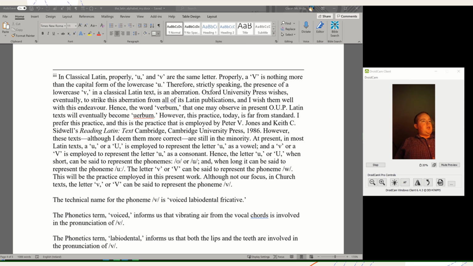The letter V can be said to represent the phoneme wa. This IPA symbol represents a consonantal U sound, wa. The IPA, I think, is based on the English alphabet, so I think it's easier for an English speaker to remember it than perhaps a foreign language speaker.